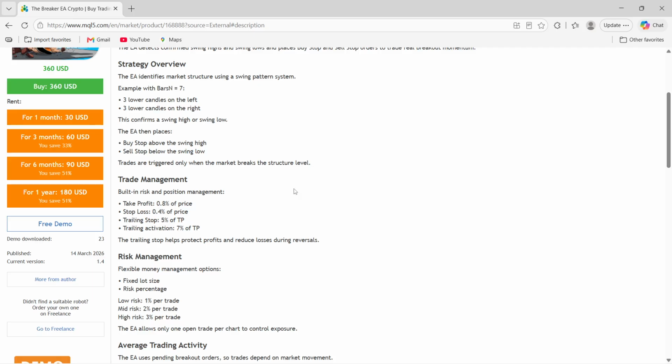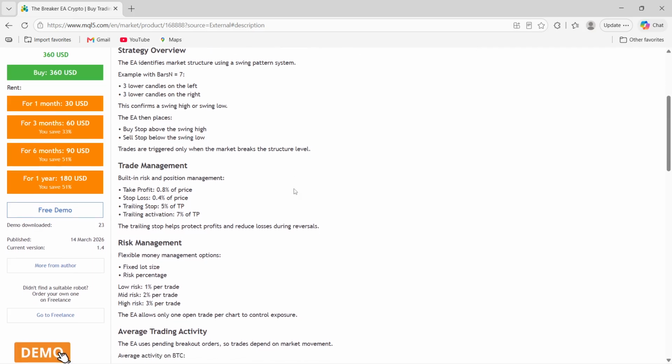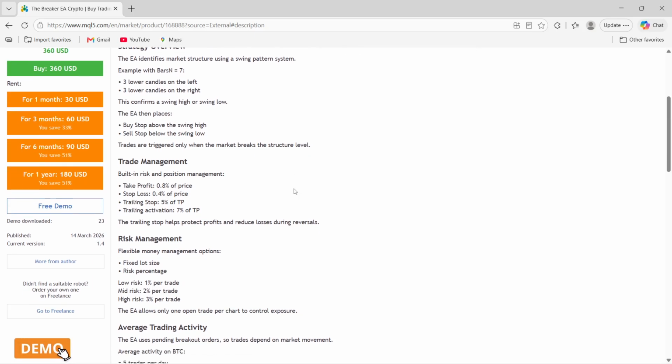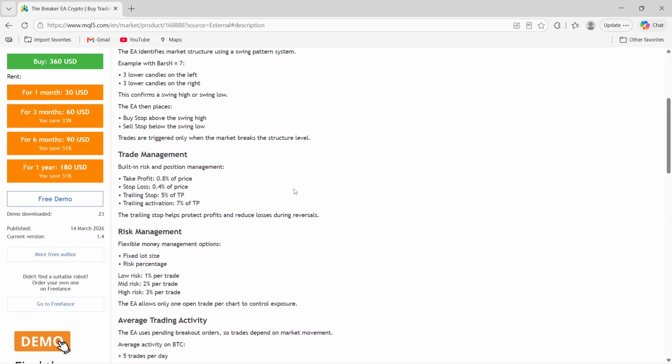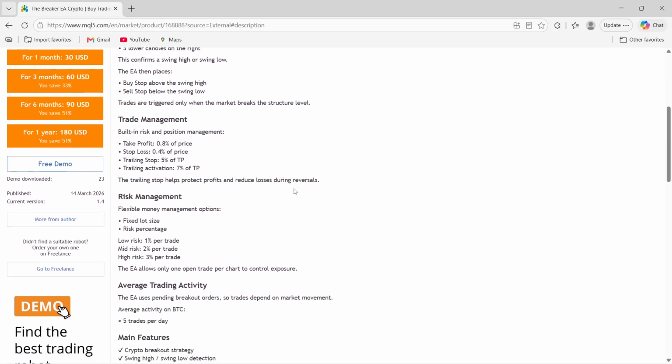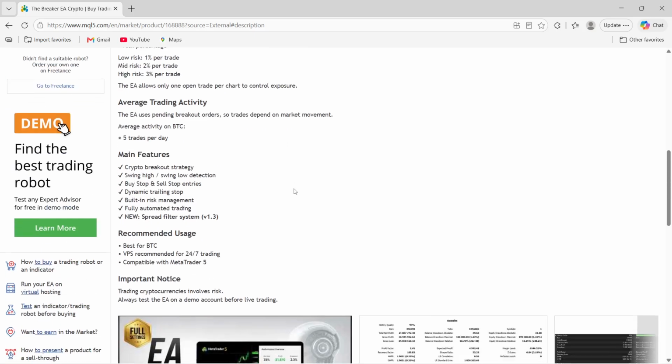Other useful tools might involve session filters if you want to avoid low liquidity periods, spread/slippage protection, and magic number support for running alongside other EAs. The panel or inputs allow you to fine tune for different crypto pairs and timeframes. Overall, it's marketed as straightforward for traders who believe in breakout momentum but want automated execution and risk controls.